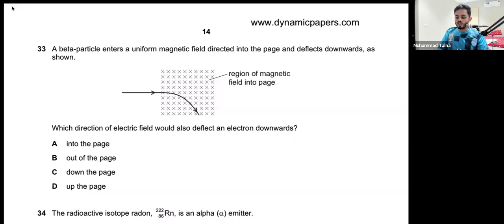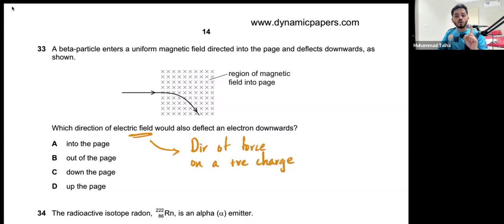If you remember what an electric field shows, it shows the direction of force on a positive charge, right? It's according to a positive charge, which is not what we have here. What we have here is a negative charge. So if I want my negative charge to be deflected downwards, this means my positive charge would be deflected upwards, and that's how the field lines would be.